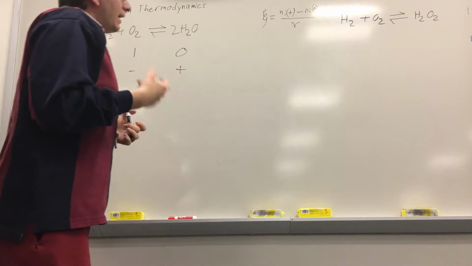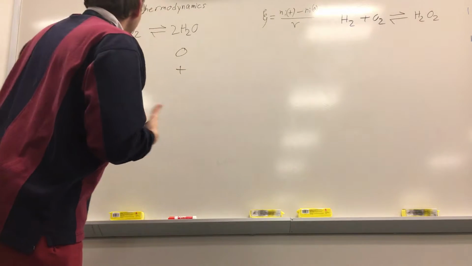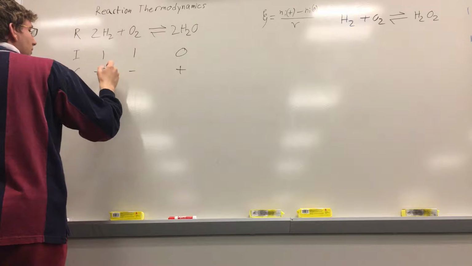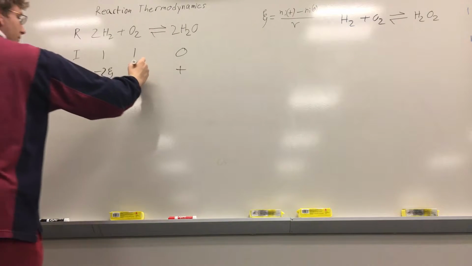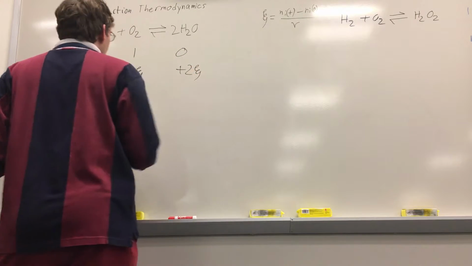So how I like to think of it is it's more like how many times did we run the reaction. So in this case we just multiply the stoichiometric coefficient by the extent of reaction, like so, and we get our change.